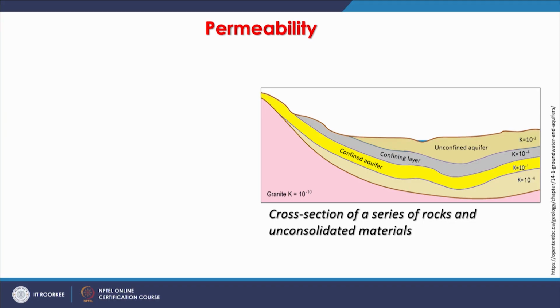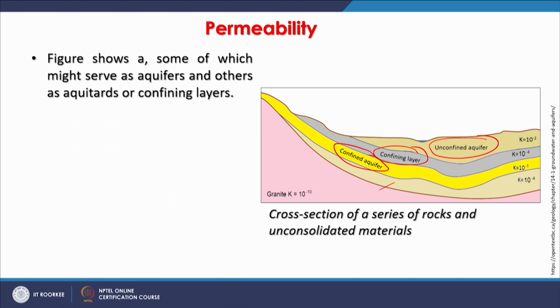Now we see through a cross section there is a series of rocks and unconsolidated materials, and we can see here an unconfined aquifer, then confining layers, then a confined aquifer, and then you are again getting an unconfined layer.